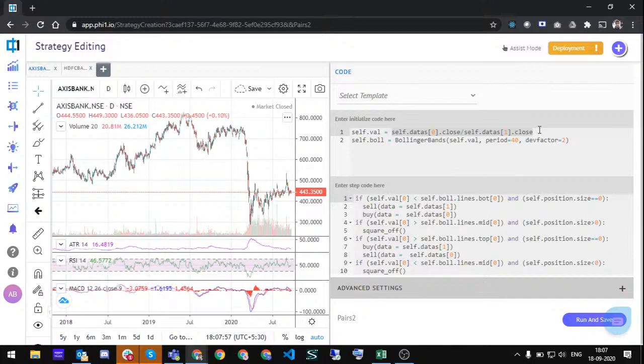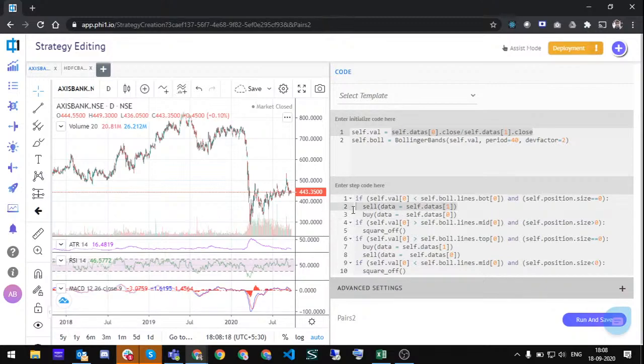So once we have written this in our initialize code for the calculations, we specify our enter and exit conditions in the step code. So in this case, when the ratio goes down towards the lower band, that tells you it's time to go long security 1 and short security 2.